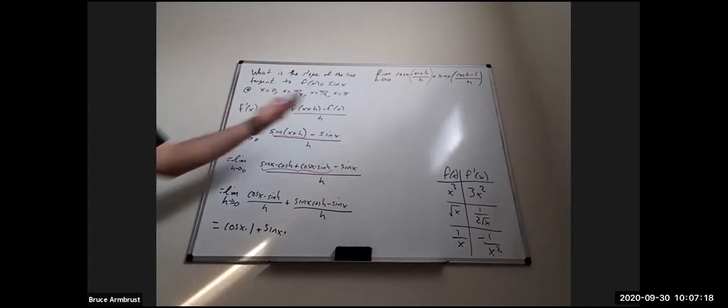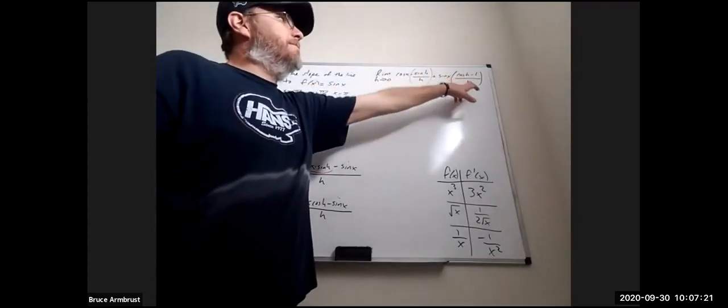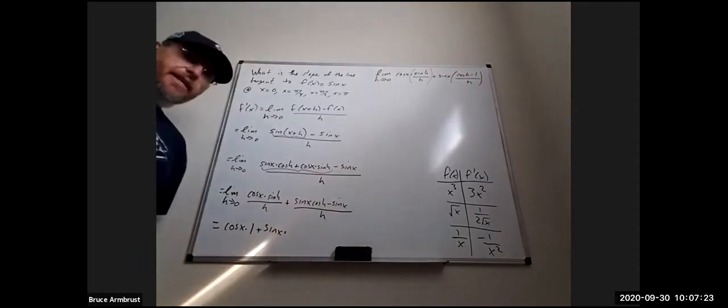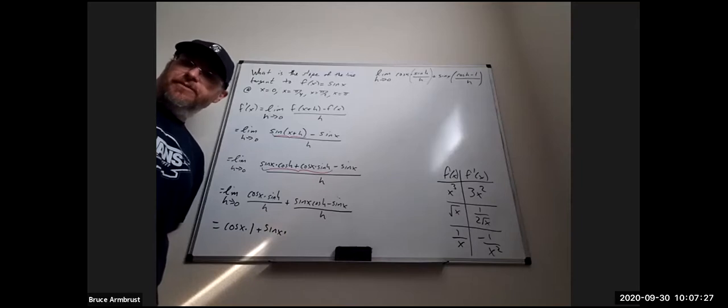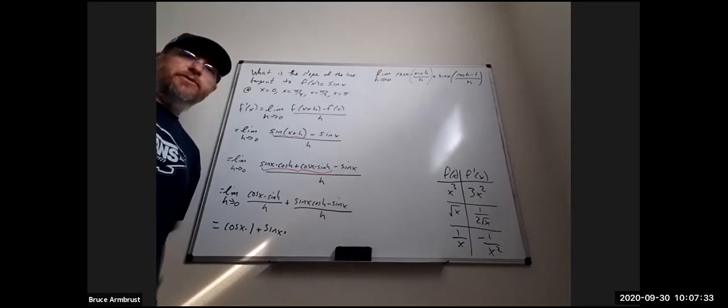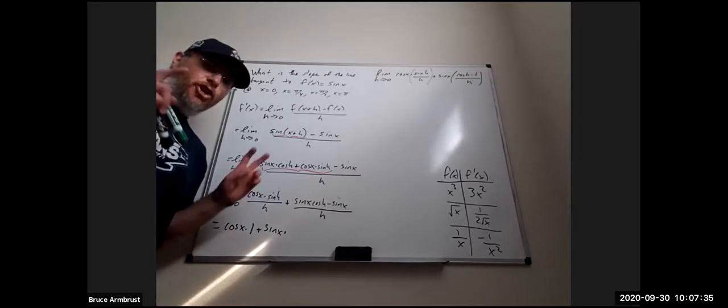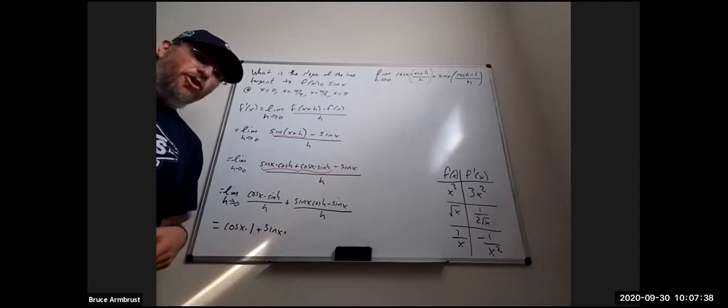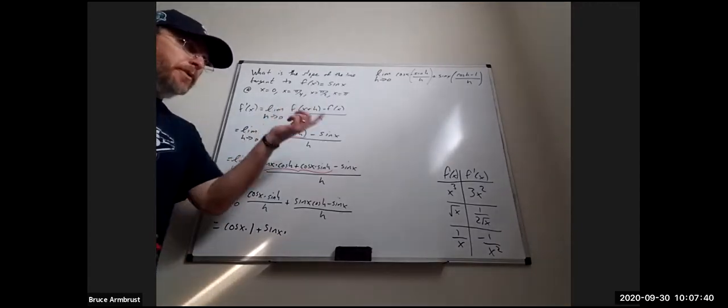The next limit, we're going to get sine of x times something. Well, what happens to cosine h minus 1 over h? Does it become 0? That was another one I showed you. Yeah, that one goes to 0. That was another one that we proved. It was one that I didn't say you should know because it doesn't show up as often, but we did actually do that one.